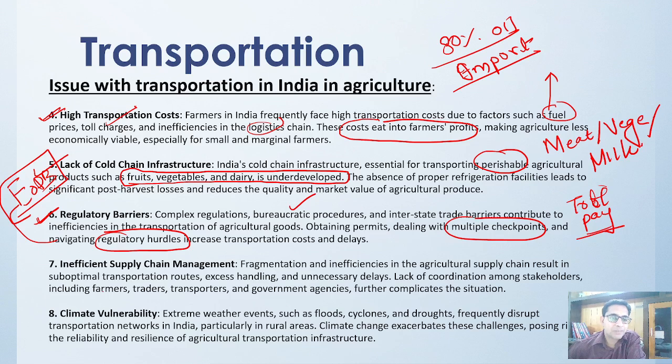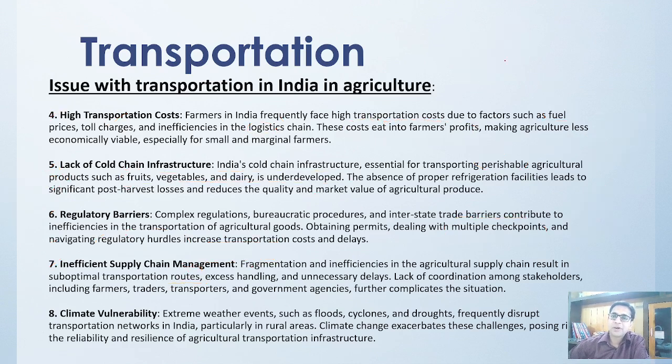Then insufficient supply chain management is there. Even if the product reaches, the design of the routes is not proper. If you are releasing something from here, it has to go like this, then it has to be distributed like this. So the distribution network has to work like this, correct.